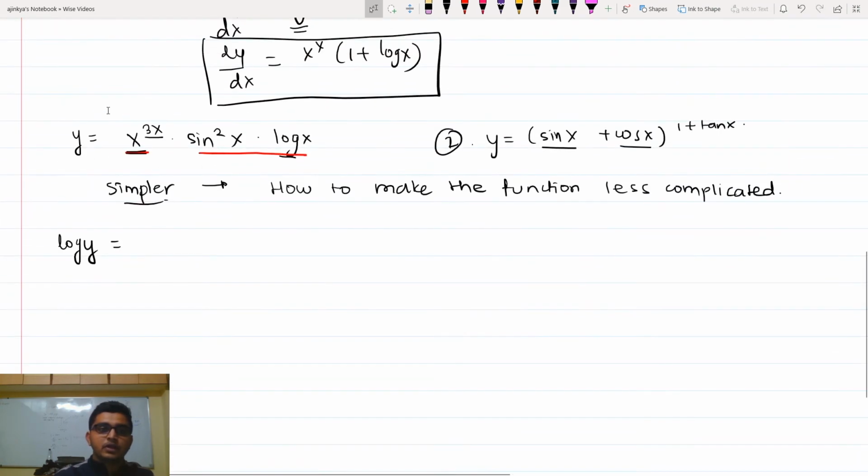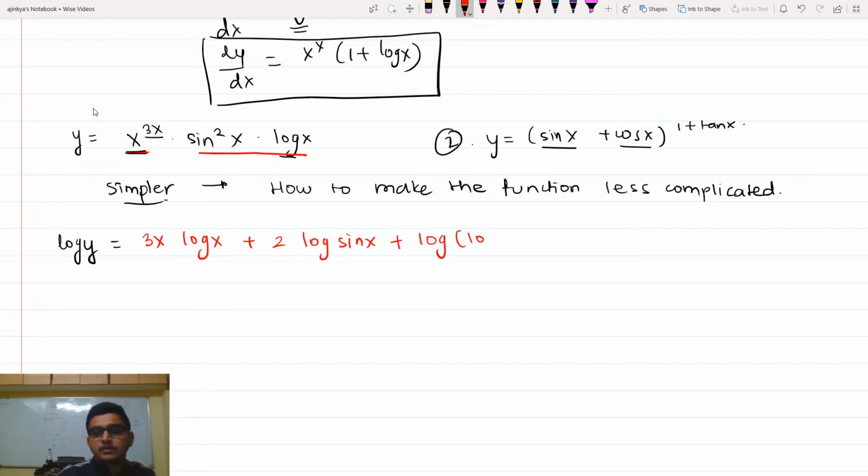So when you apply log to x raised to 3x, it will be 3x log of x plus, the 2 can come down, so you have 2 log of sine x, then again you have plus log of x, so again log of x, right?